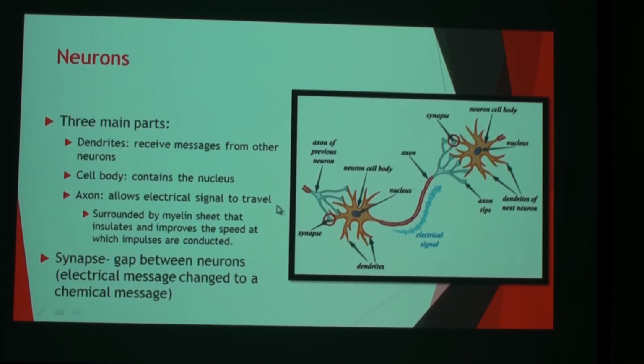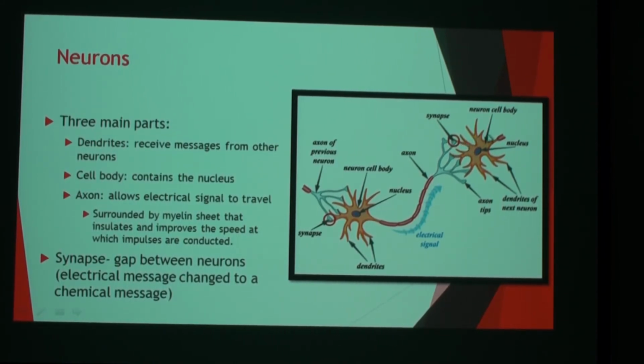So for example, if we have a message starting right here, this will be the cell body, and then the axon, and then right here is where the message is going to be transmitted. This cell gets the message, it travels through the axon, and then it goes to the tips of the axon, where it converts from an electrical message to a chemical message.